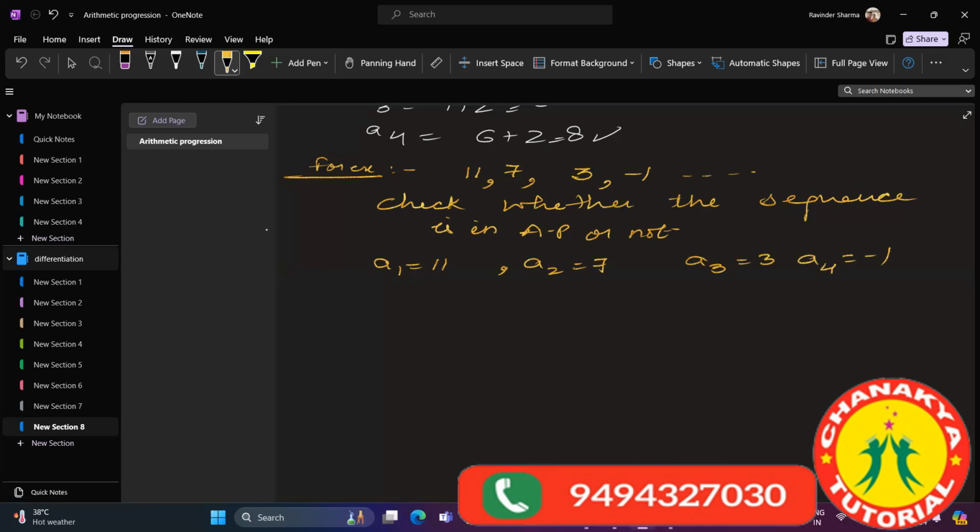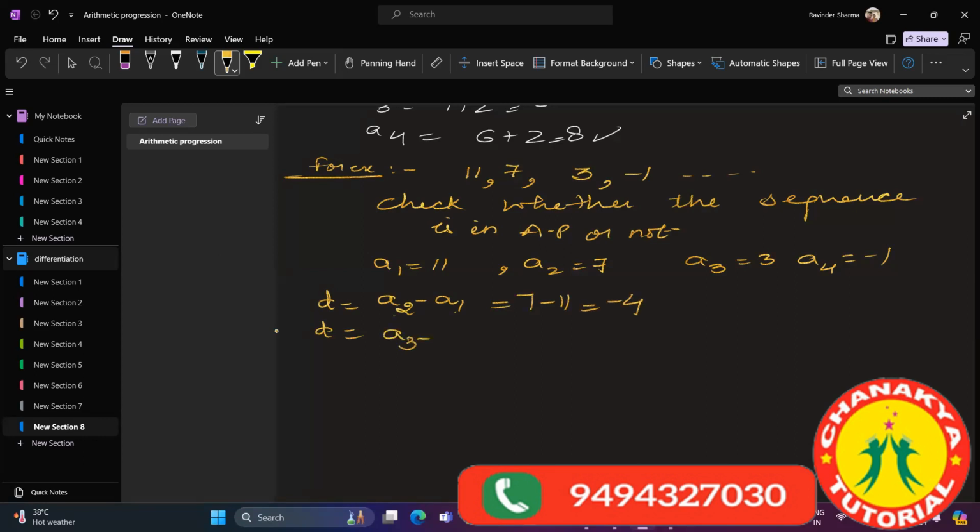Now the important property of AP is that its common difference remains the same. Right, beta? So just find the common difference, and always you have to subtract the preceding term from the succeeding. So A2 minus A1. Now check. It will be 7 minus 11, so minus 4.